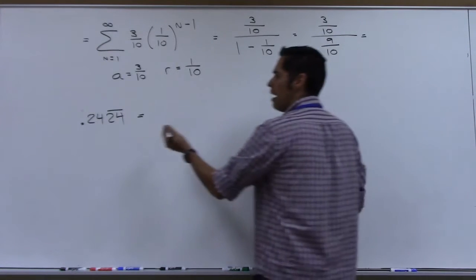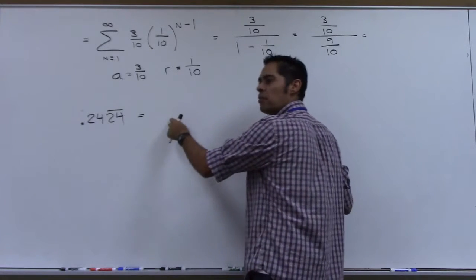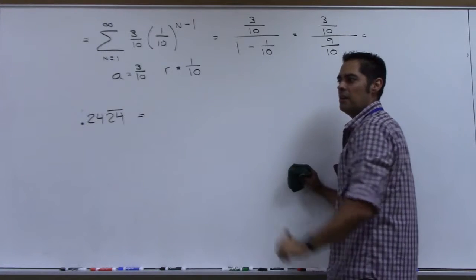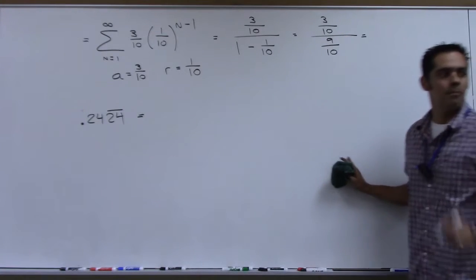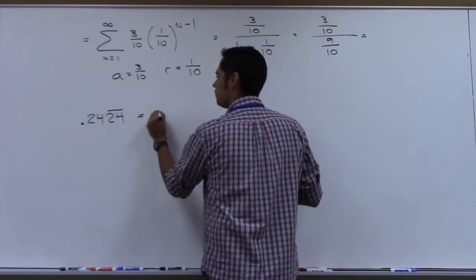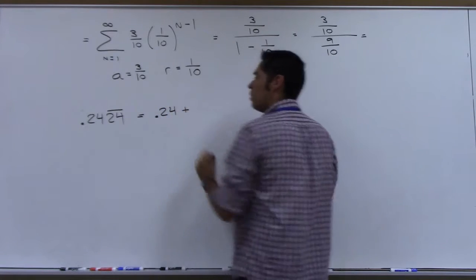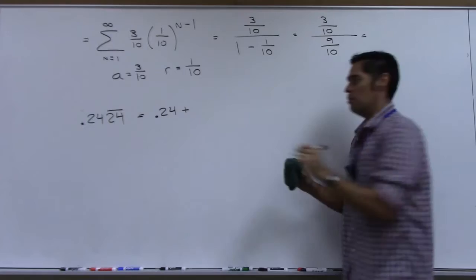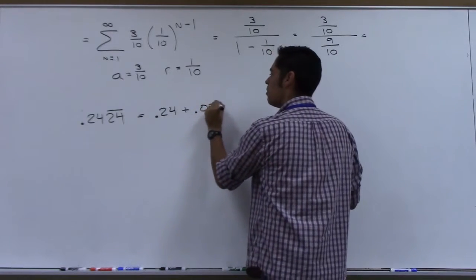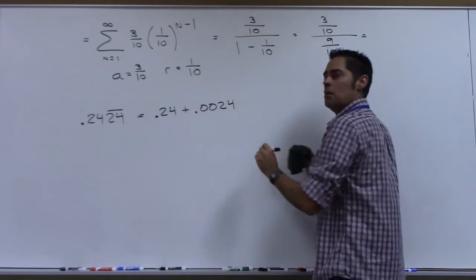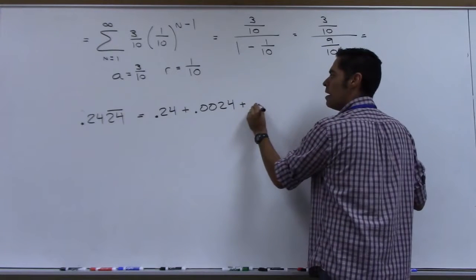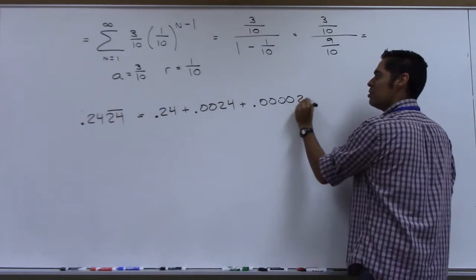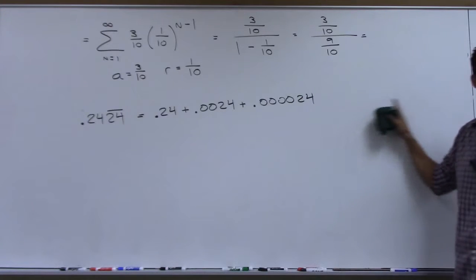So how would you redo this? Like the other one we did, 0.3 plus 0.03 plus 0.003. This is a little different though. 0.24 plus, and be careful on this one, 0.0024 plus 0.000024, and then continuing.